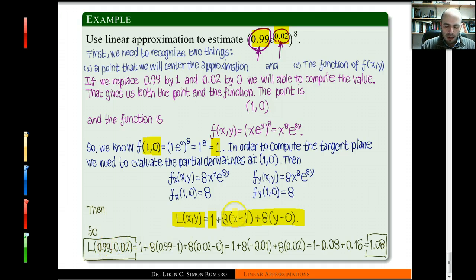So now that we have the tangent plane, we are going to evaluate the tangent plane, or the linear approximation, at the value that is close to the center of this linear approximation. So the thing that we have is 1 plus 8 times the difference plus 8 times the difference. And notice that here the difference is minus 0.01, and in the other one is positive 0.02, and at the end it gives you 1.08.